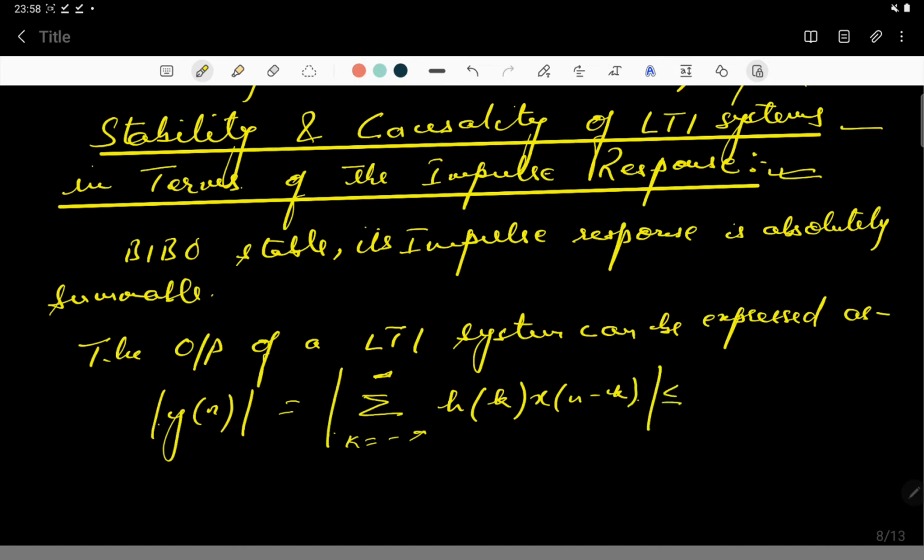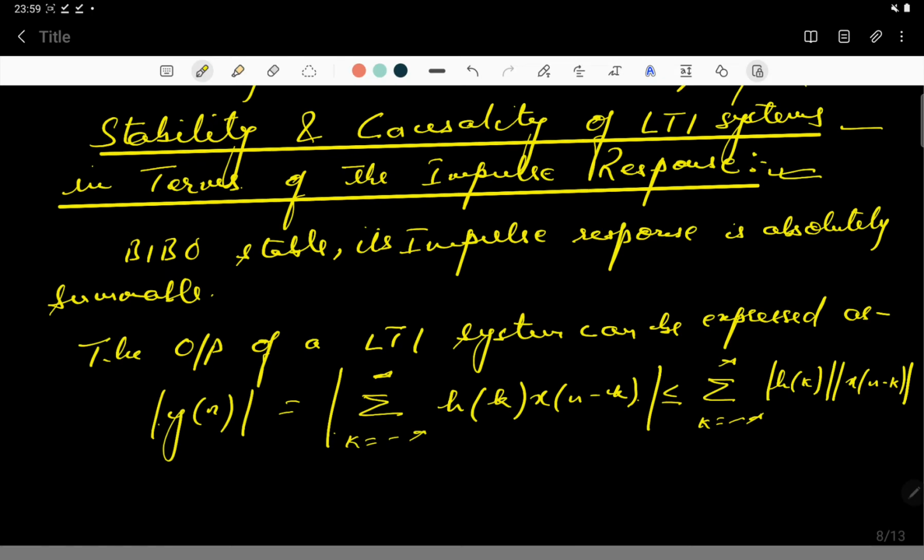The magnitude of this should be less than or equal to the summation of k equals minus infinity to infinity of magnitude of h[k] and x[n minus k].